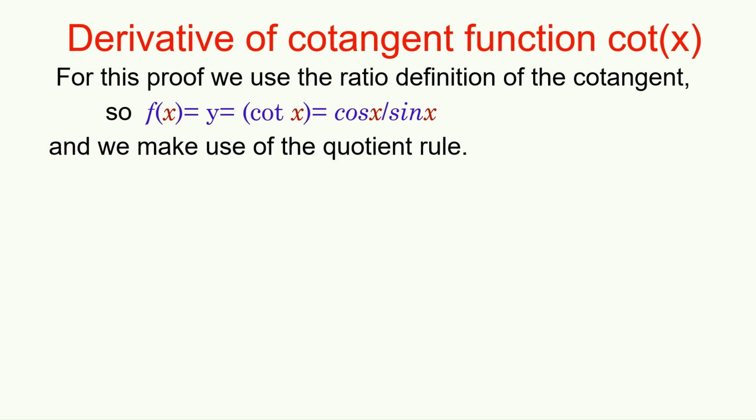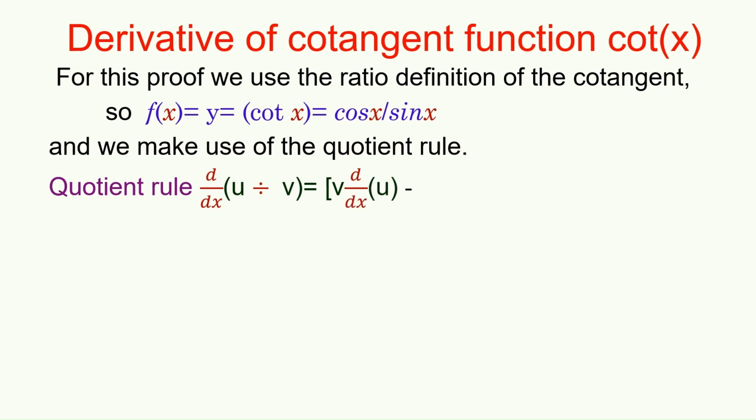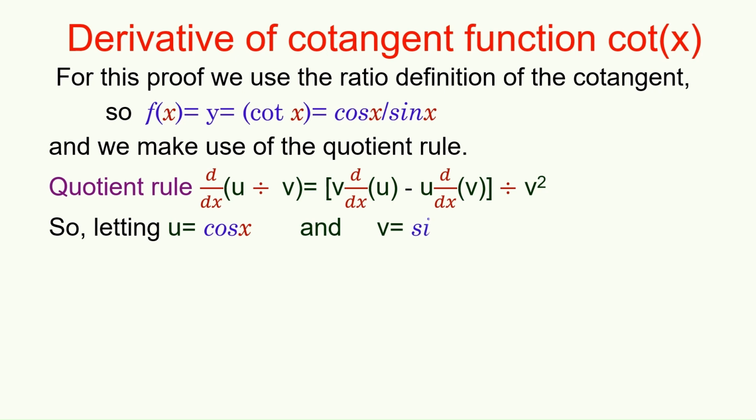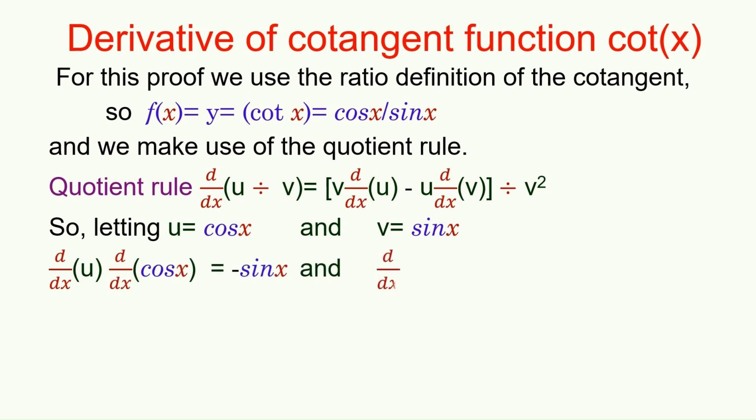Quotient rule: d/dx (u/v) = (v du/dx − u dv/dx) / v squared. So, letting u = cos x and v = sin x, du/dx = d/dx cos x = −sin x, and dv/dx = d/dx sin x = cos x.